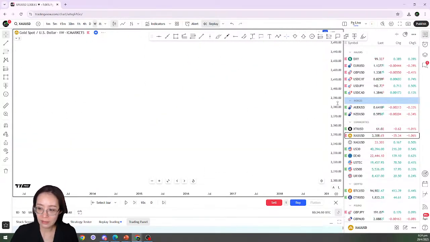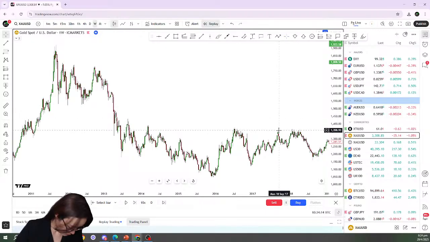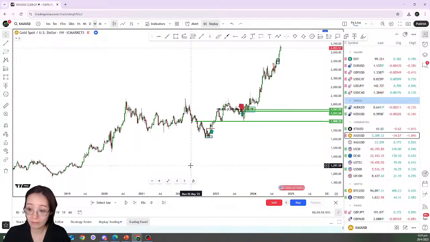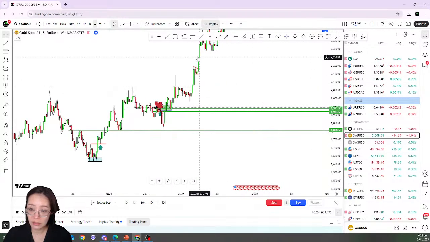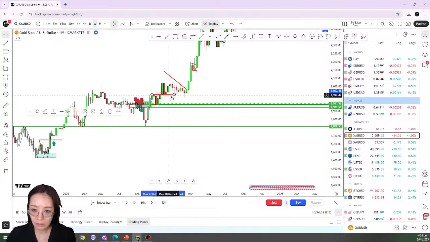Maybe you go wedge. Let's see if I can see the continuation pattern in the weekly time frame. Yes, in the weekly time frame you see, yeah. Even like maybe here and here. I will put the wedge either here or here.